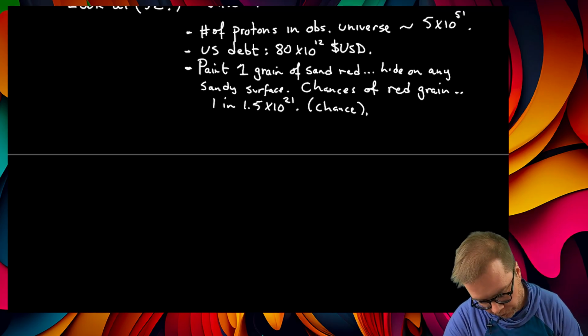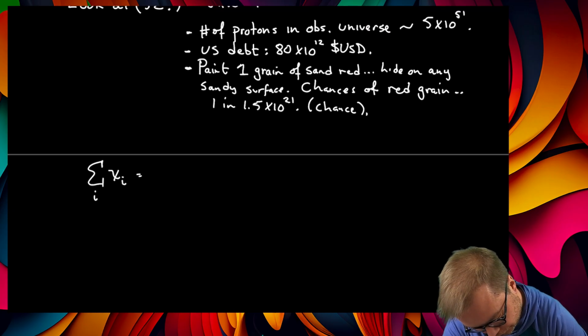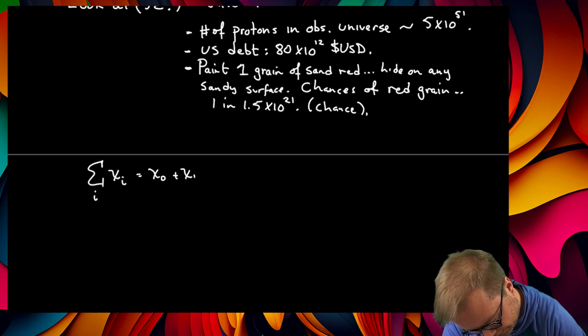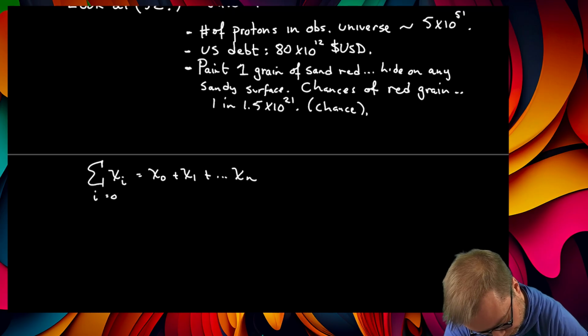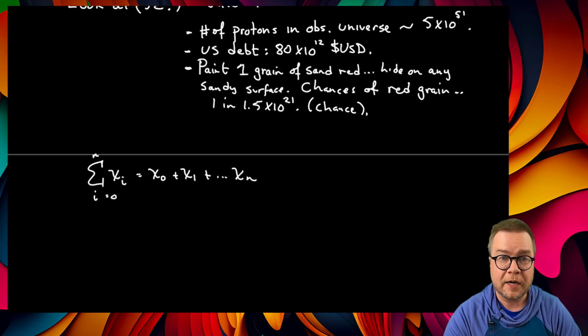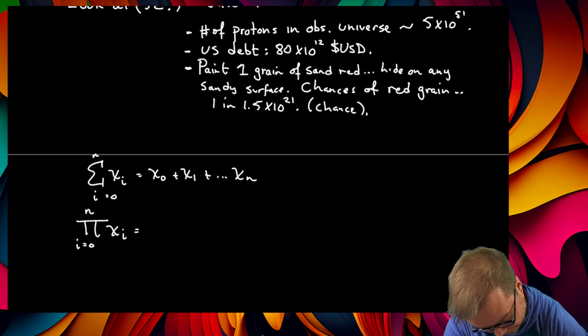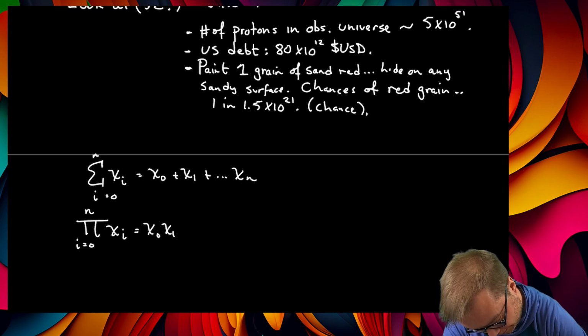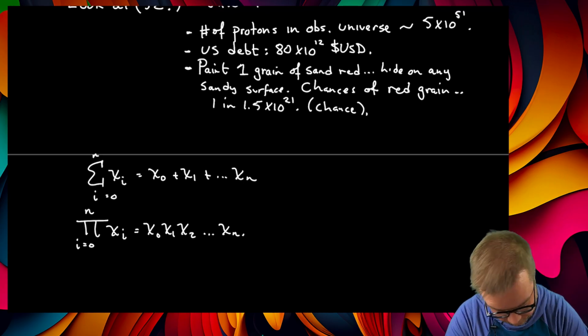So in general, we're going to define the notation just as we define the notation summation of xi over i equals x0 plus x1 plus ... plus xn. We're going to define the notation pi, i equals 0 to n, of xi as being x0 times x1 times x2 times ... times xn. Okay, so big pi product notation.